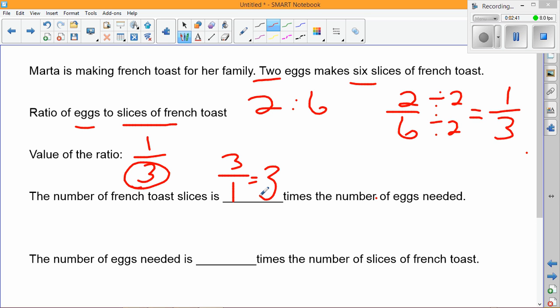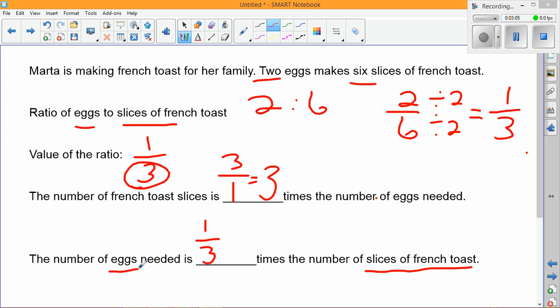And then the second part says the number of eggs needed, which is 1, is blank times the number of slices of French toast, which is 3. And this works similarly to how we write a ratio, 1/3. So we know if the ratio of eggs to French toast is 1 over 3, the number of eggs needed is 1/3 times the number of French toast.